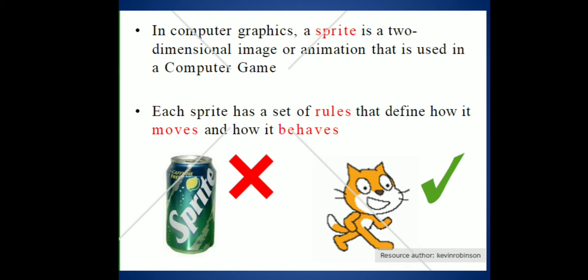So, the cat, which you can see, the orange color cat with the green tick, this. Do not get confused with the cold drink sprite. Therefore, the picture has been clearly shown here. So, a sprite is a character of Scratch which will be there on your screen by default when you open Scratch for the first time.